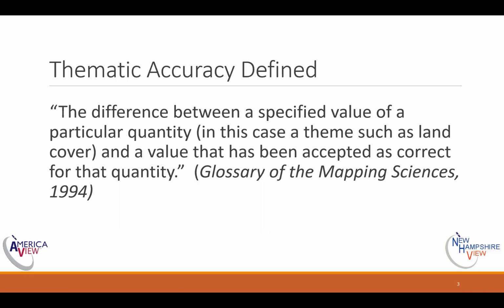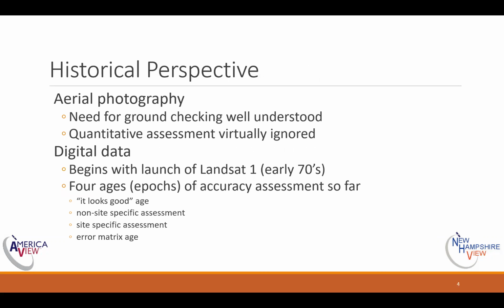And a value that has been accepted as correct for that quantity. In other words, we're going to compare what's going on in the map classes to what's going on in something that we're calling the reference data. And remember, we're not using the term ground truth here. So that's pretty straightforward. I think the examples make it very easy to see what's going on.